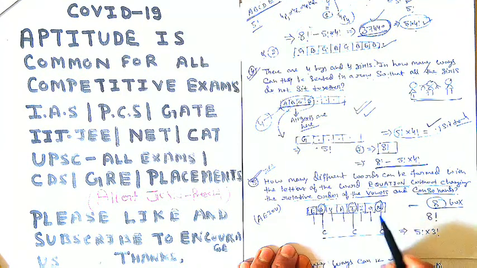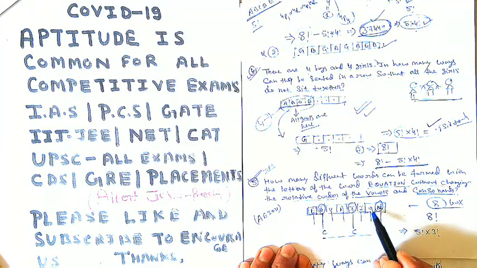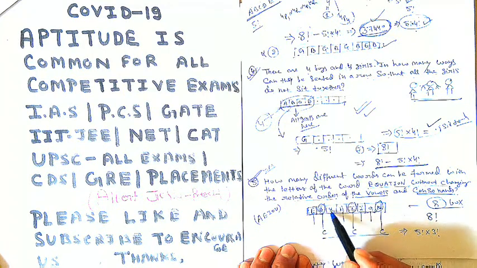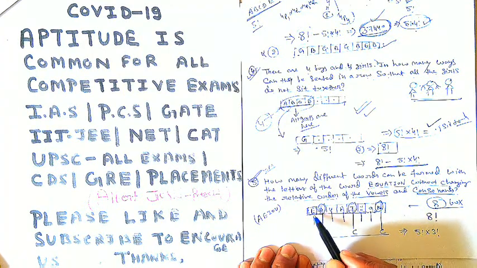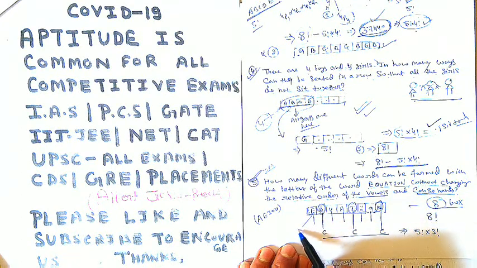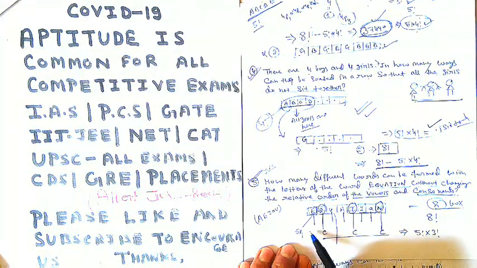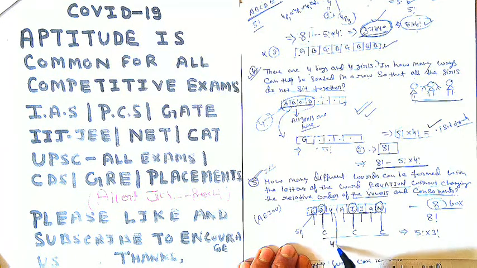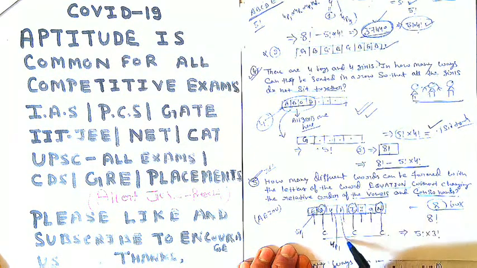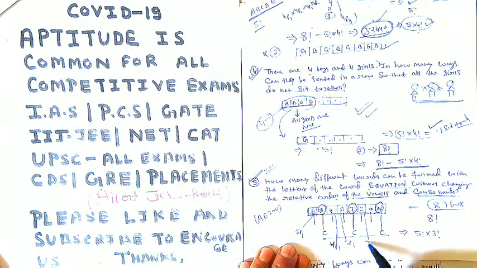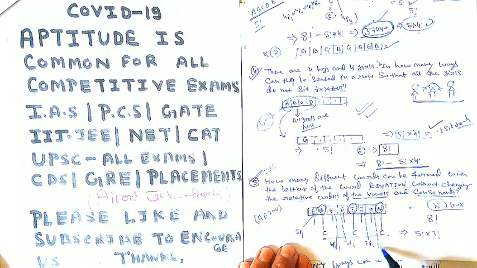Similarly, the vowel O can be placed here, here, anywhere, and similarly for the other vowels. There are a total of 5 vowels, and out of the 5 you have to place 1 here. So there are 5 possibilities, then 4P1, 3P1, 2P1, and 1P1.